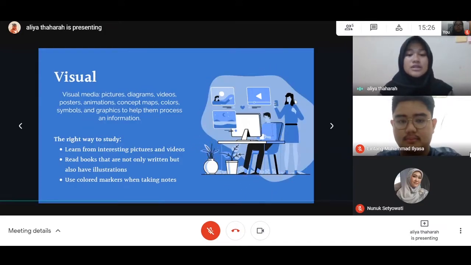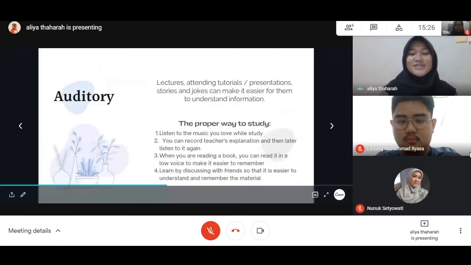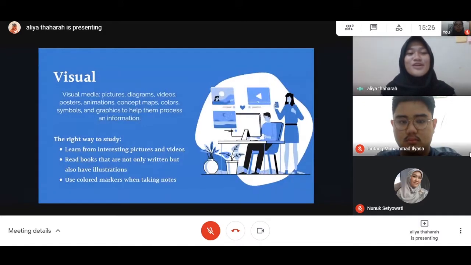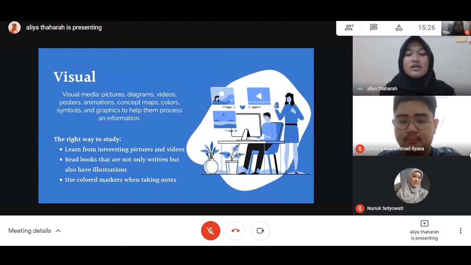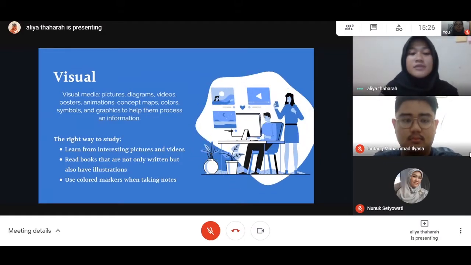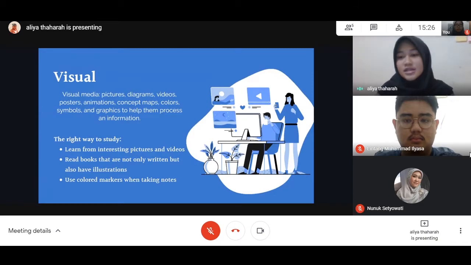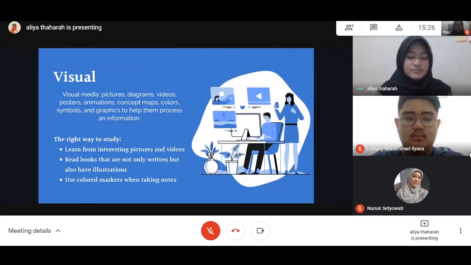So the point of visual is that they need to see pictures and colors so that they can process information easily.